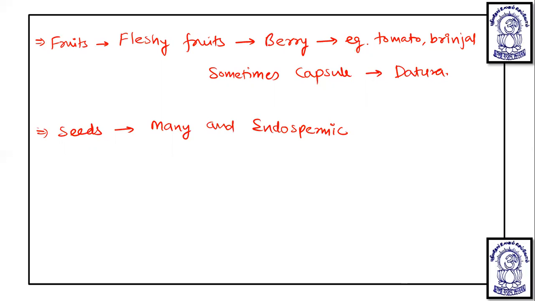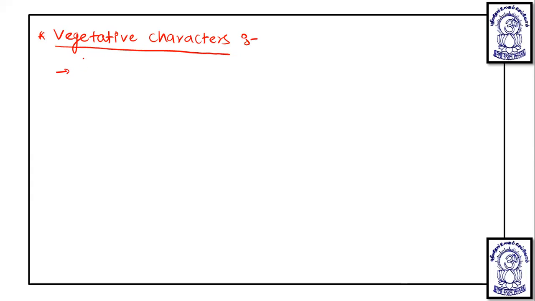Now let's talk about some of the vegetative characteristics. In vegetative characters, most of the plants of this family are herbs.